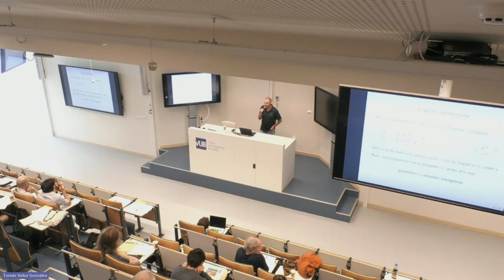Now I'm going to add the assumption for our discussion here that L is a complete ortholattice, and that C is a complete subalgebra of L. By complete subalgebra, I mean C is a subortholattice of L, and not only is it complete, but all joins and meets in C are as they are in L. When you have a complete subalgebra, for any x in L, I can find the smallest element in C that's above it.